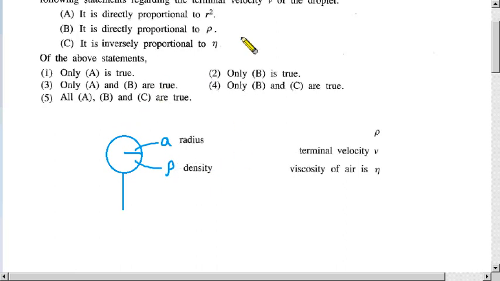Then there is a medium, it may be water, it may be air, usually air or water.